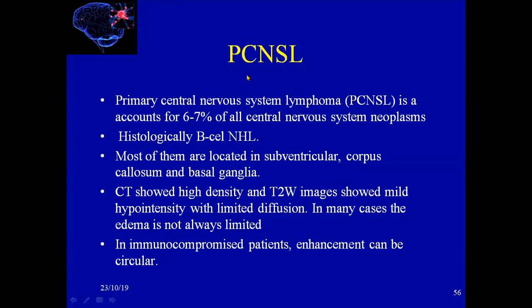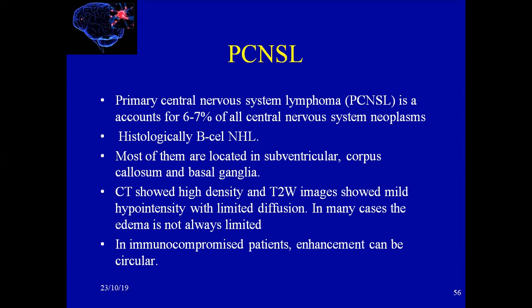Moving to PCNSL, primary central nervous system lymphoma, which accounts for 6 to 7% of all central nervous system neoplasms. Histopathology is B cell non-Hodgkin lymphoma. Most PCNSL is located around the ventricular system, corpus callosum, and basal ganglia.